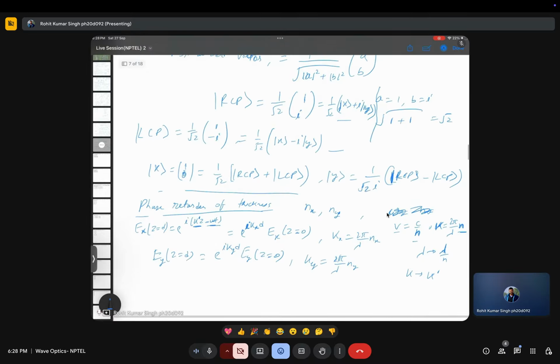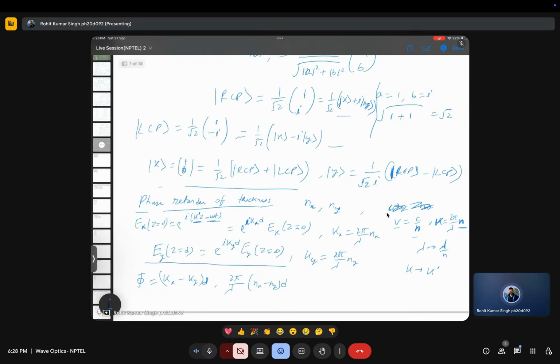So now ex and ey have a phase difference, given by kx minus ky times d, which is just 2 pi by lambda (nx minus ny) d.